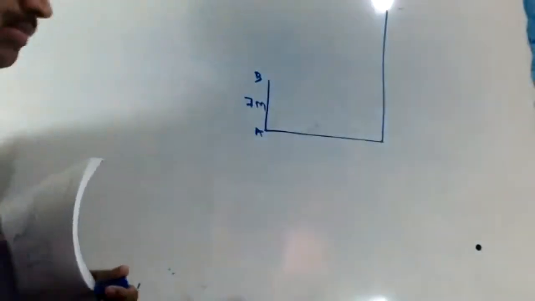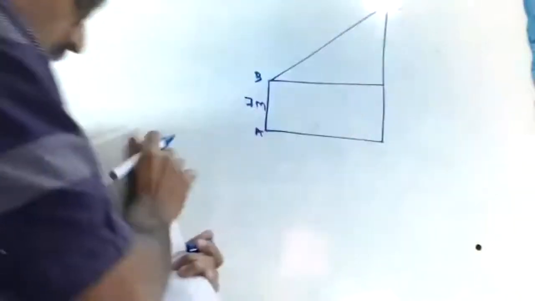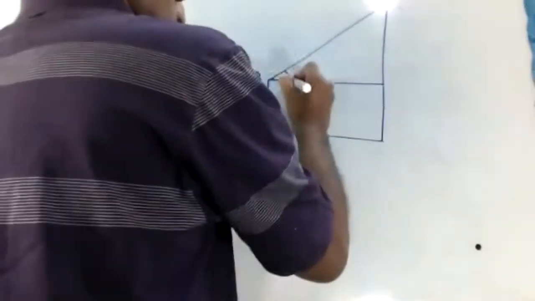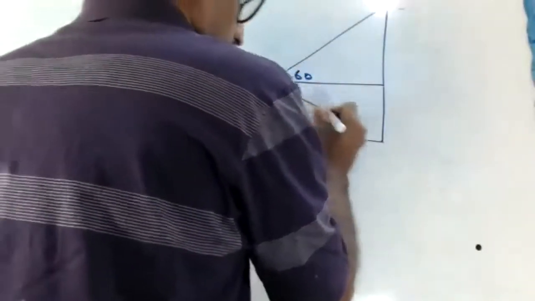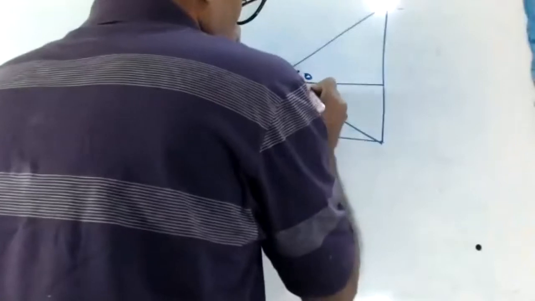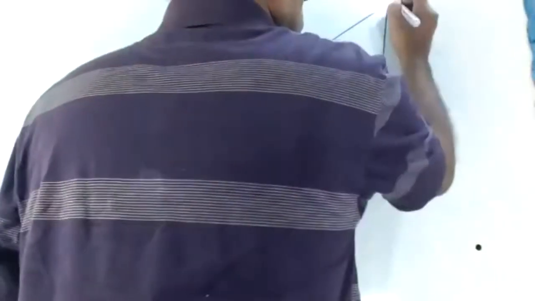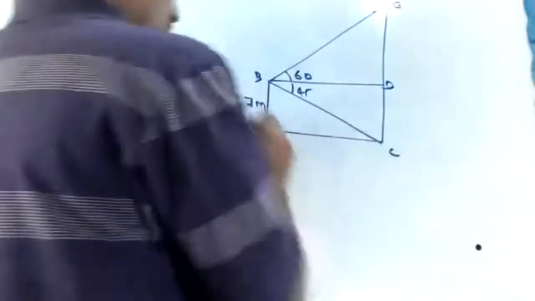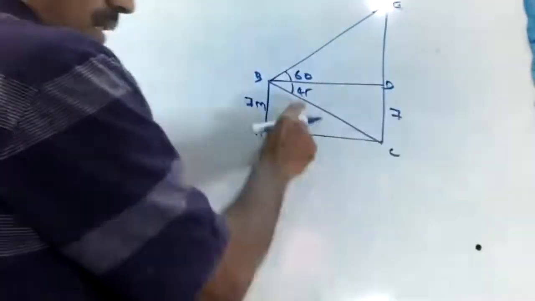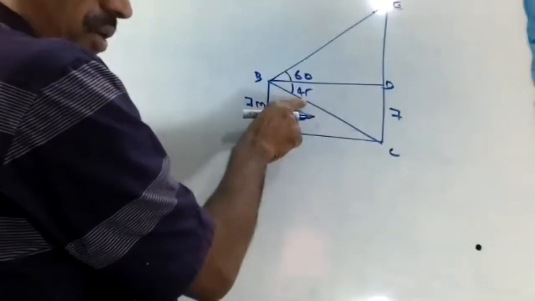From here, this angle is 60 degrees, and this one is 45. Points A, B, C, D, E. Okay, 7 here. If it is 45, here also 7.